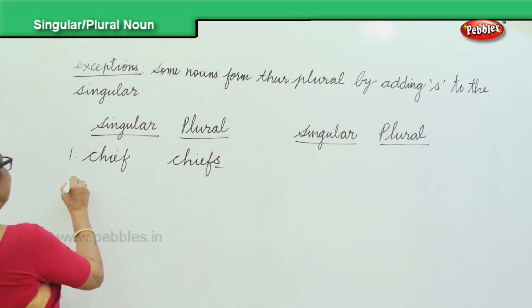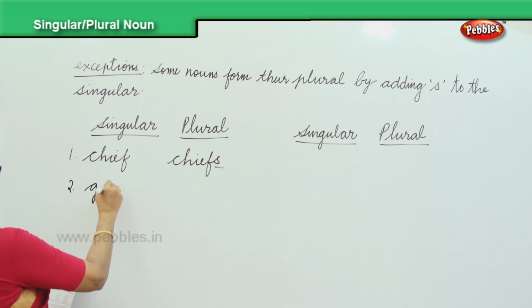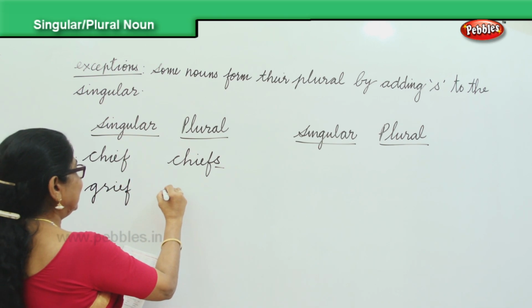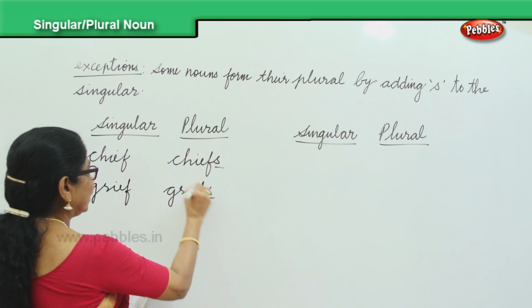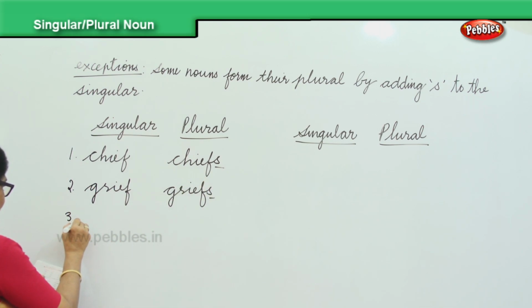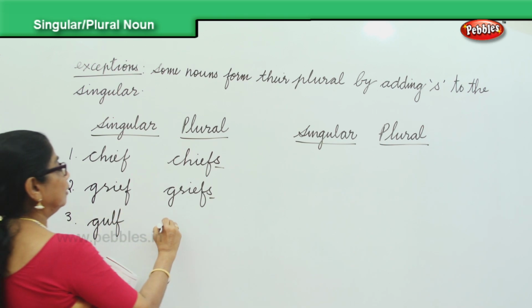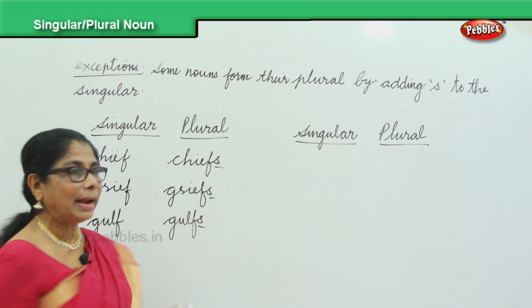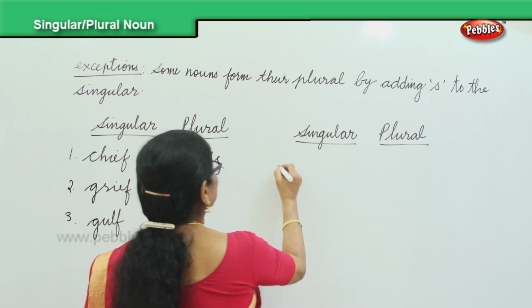Okay? Just few. Grief, a very sad feeling. Griefs, adding S. Next, you have gulf. Gulf, gulfs. You simply add an S to form the plural.